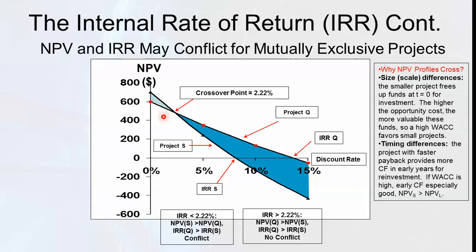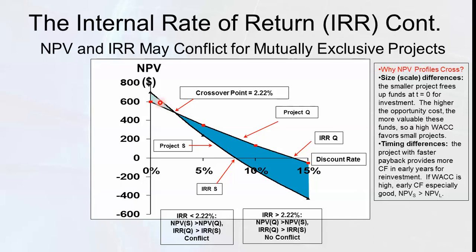Therefore, if the WACC is high, early cash flows are good. Therefore project S is preferable to project L here. That's the reason for this conflict.